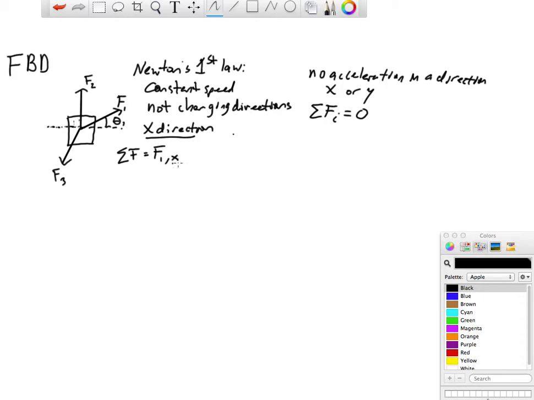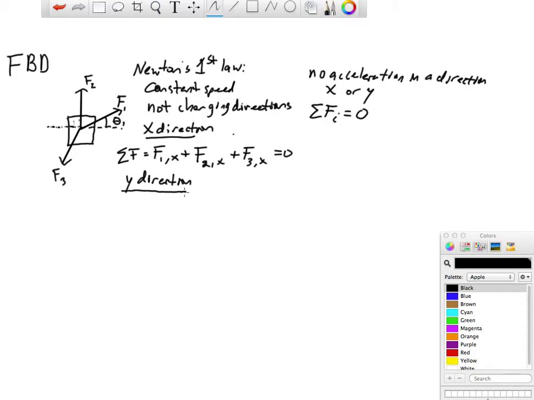the x component of the first force would have to add up with the x component of the second force, plus the x component of the third force, and that would have to equal 0 if you saw no acceleration in the x direction. The same is true for the y direction.